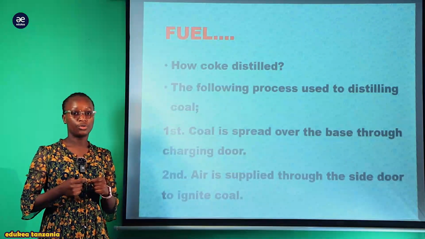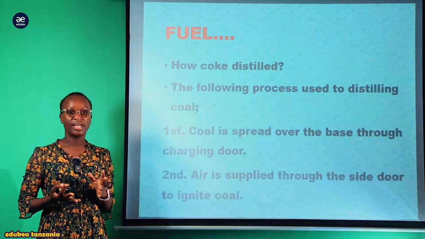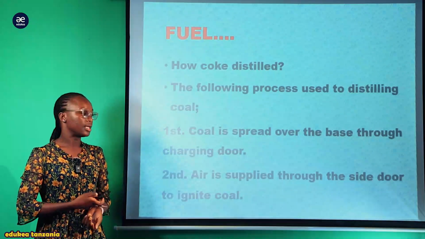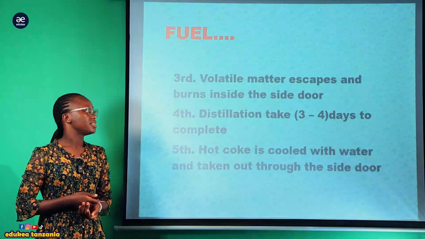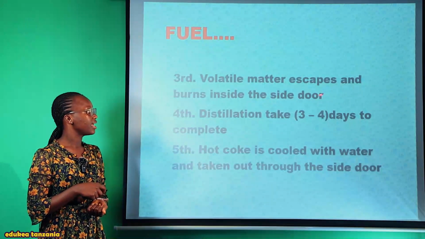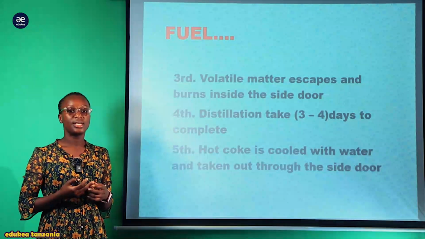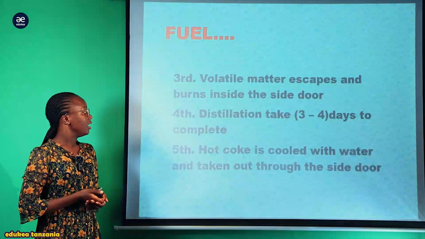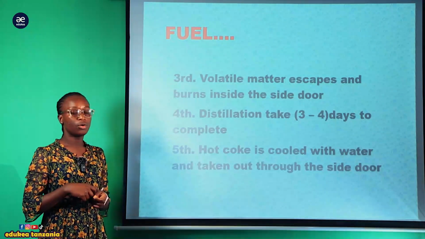After that is where we close it, ensuring that no oxygen gas is supplied. The third process is that the volatile matter escapes and burns inside the side door, kwamba zile volatile matters zinakuwa zinatoka, ambazo zinaondolewa, na zinaungua ndani ya side door.